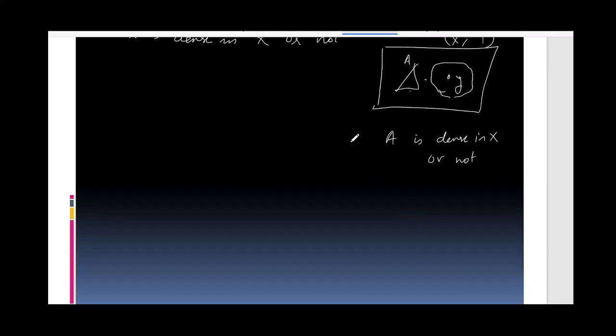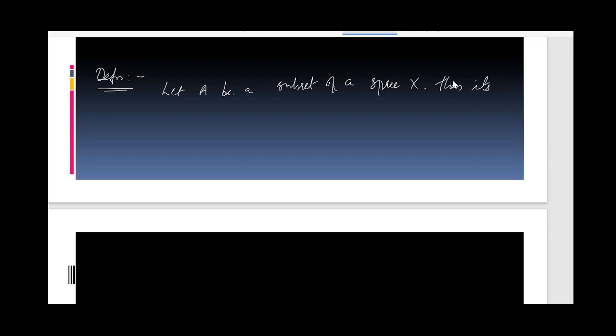Okay, next we are having a definition. Let A be a subset of a space X, then its boundary, or another name for boundary is frontier.